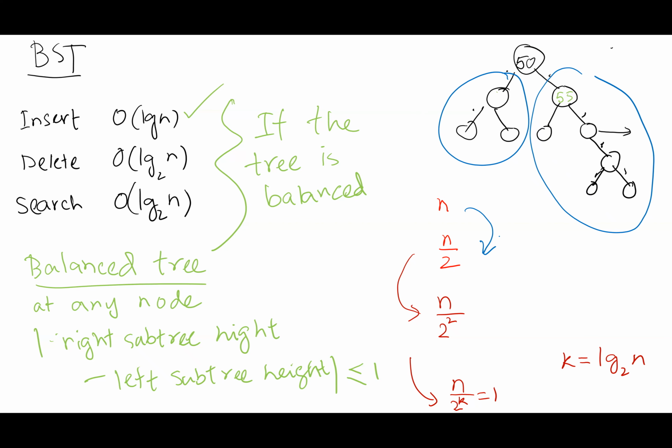You are sometimes reducing by less. So we cannot guarantee that if it's not balanced, it's going to be order of log n. Now there are techniques to keep the binary search tree balanced. We'll talk about those techniques later.